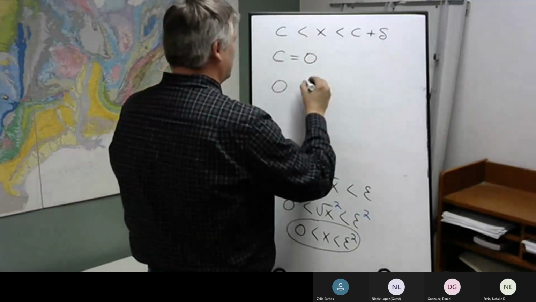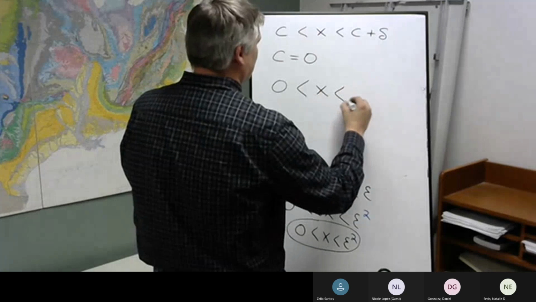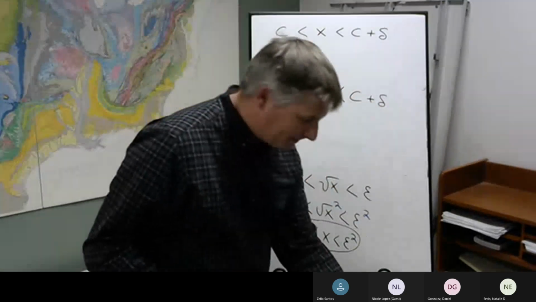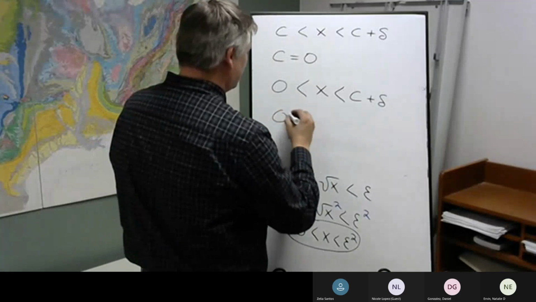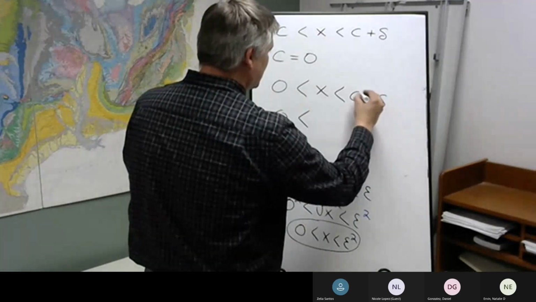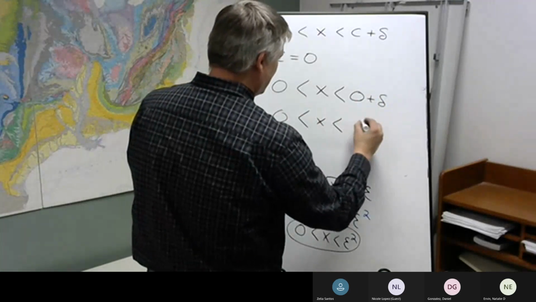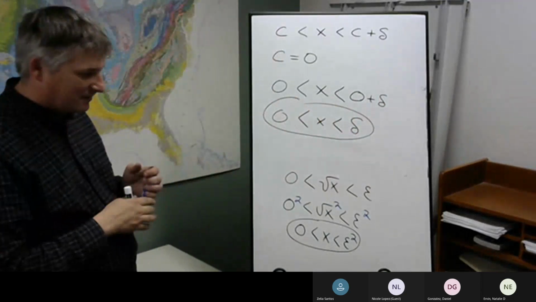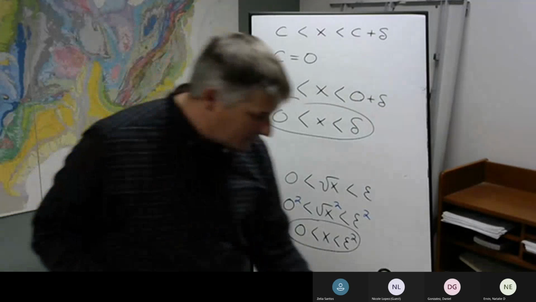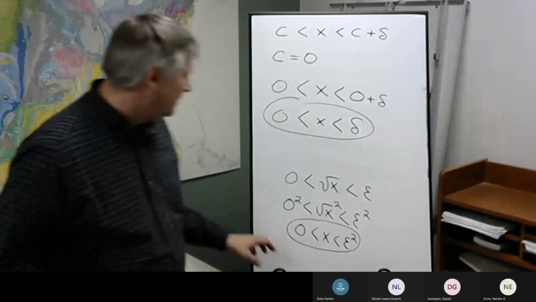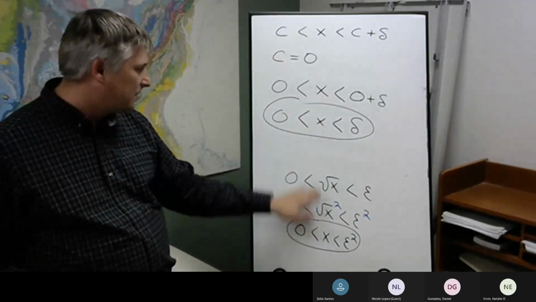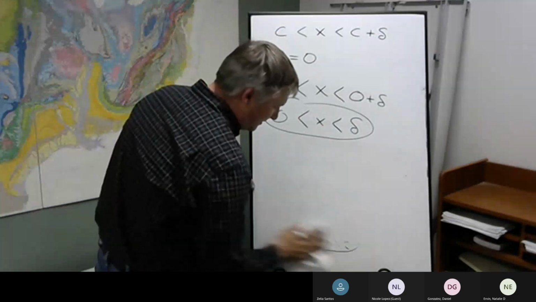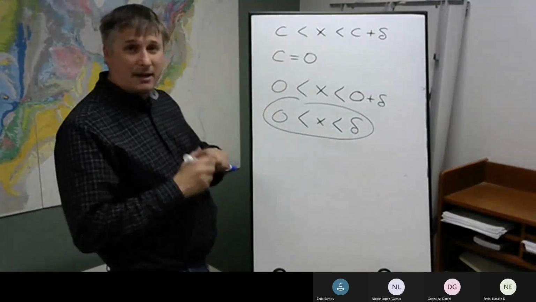So we have 0 less than x less than c plus delta, or 0 plus delta, or delta. So as we compare these two, what we get is that delta is going to be epsilon squared.